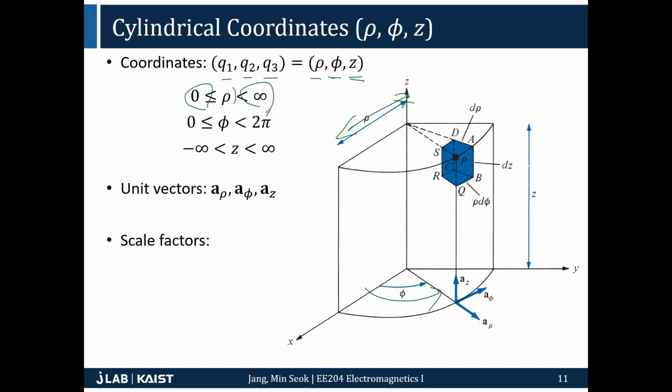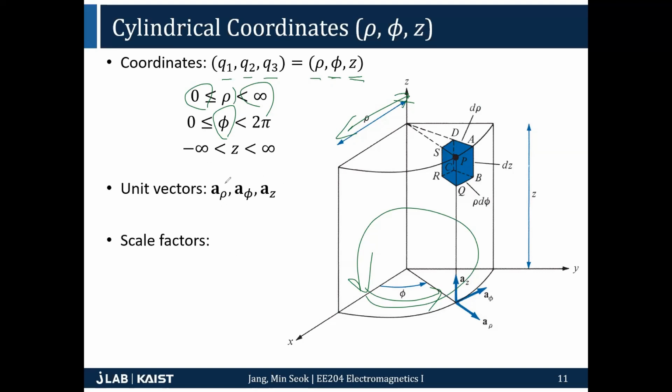There's no negative value. Well, we can define negative value, but anyway. And then phi is 0 to 2 pi. And then z runs from negative infinity to positive infinity.